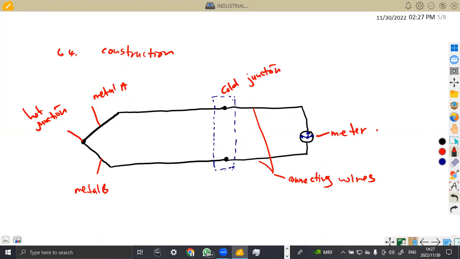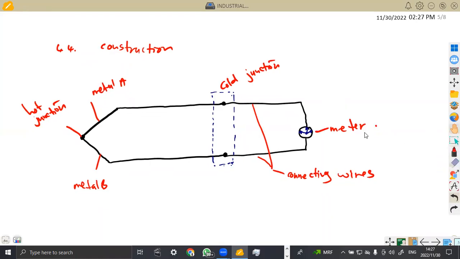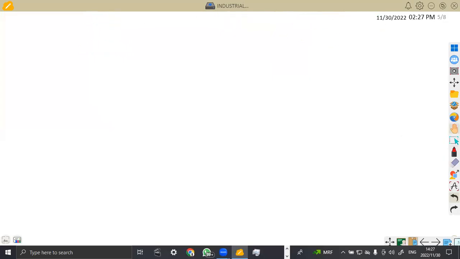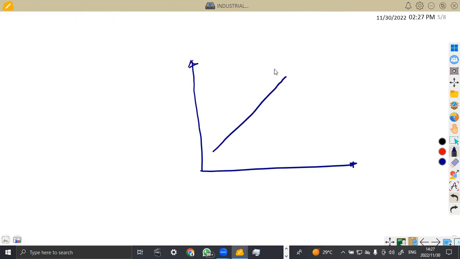So that's the construction. Also, the question was asking you to have the characteristic curve. The characteristic curve is just linear, the normal way that we draw a linear graph, just like this. Then we have our temperature.